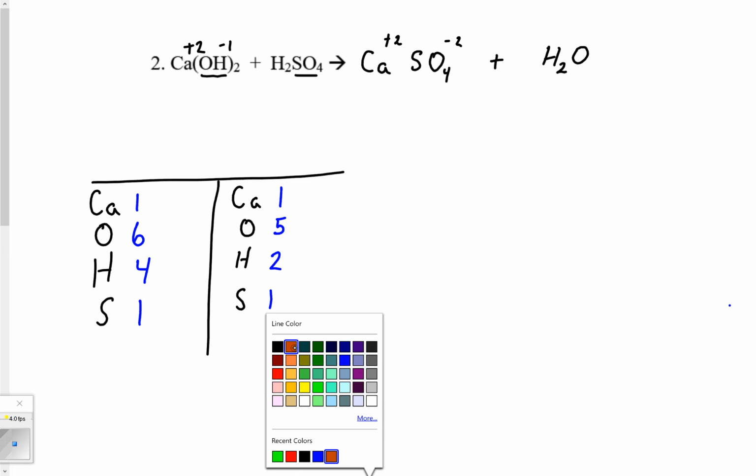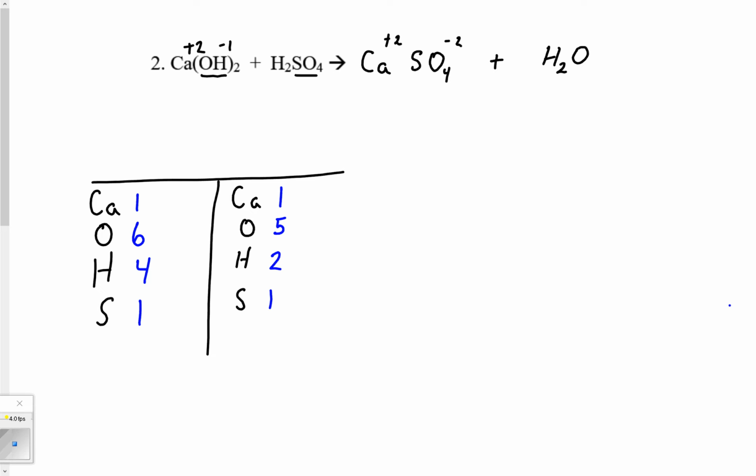This is a nifty little trick and it so makes these things easier. Answer this question for me. How many times do you see the letter Ca? I'm not talking about the 4s and the 2s. How many times do you see the letter Ca in the problem up here? I see it once there and once on the other side. So I see the letter Ca twice. And notice how I'm writing this off to the side.